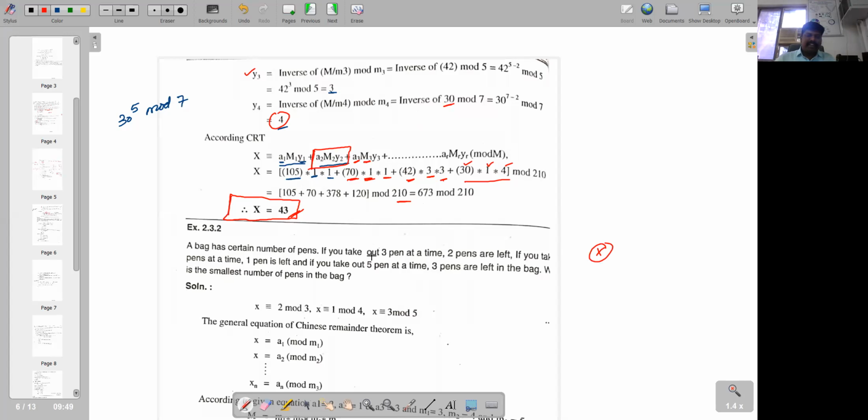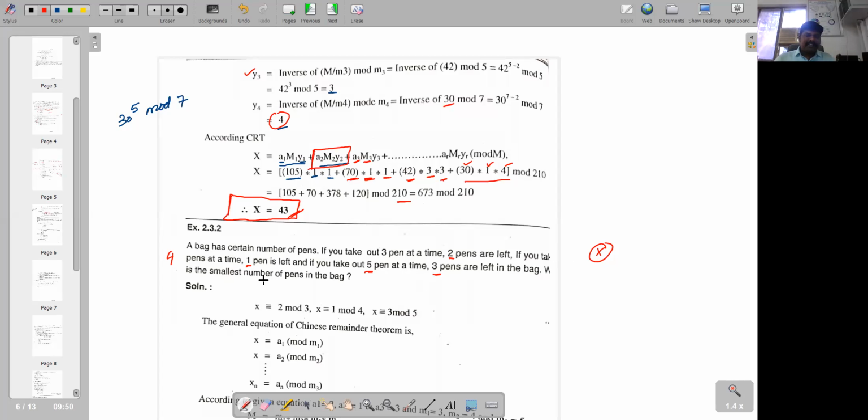Out of that, if you take 3, the remainder will be 2. If you take 4 pens at a time, 1 pen is left. If you take out 5 pens at a time, 3 are left.